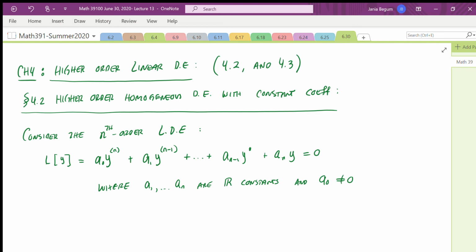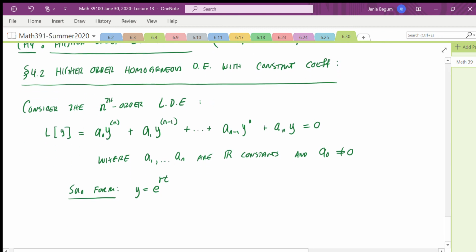Now we're again going to assume the solution form is y equals e to the rt. To prove this, we differentiate nth times, plug everything in, factor, and come up with a polynomial that we know how to factor, or use other techniques when we can't factor to find the roots of the characteristic polynomial. That's the idea with these higher order differential equations.